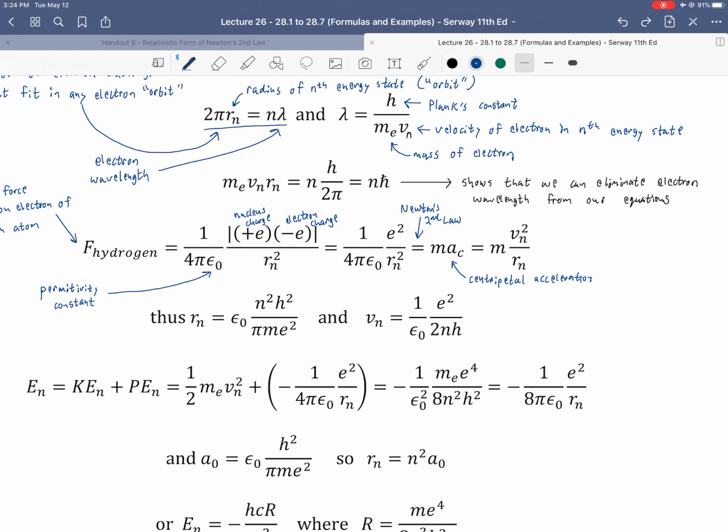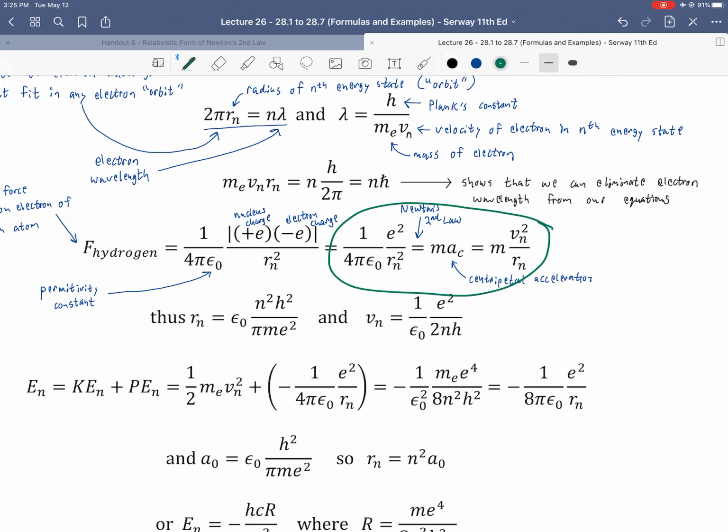The way that we make this relationship is, we could take this expression right here, and I'll circle it in a different color, because again, that's just Newton's second law.